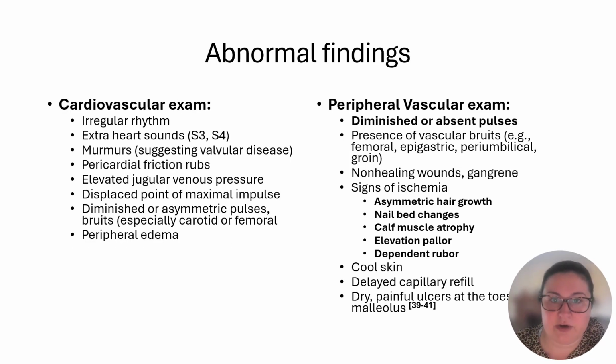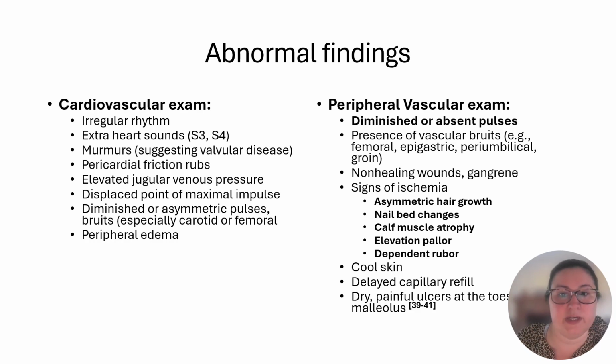Abnormal findings in your cardiovascular exam have direct clinical implications. In the cardiovascular exam, irregular rhythm, extra heart sounds like S3 or S4, murmurs, displaced point of maximal impulse, elevated jugular venous pressure, or peripheral edema may indicate heart failure, valvular disease, arrhythmias, or volume overload. Diminished or asymmetric pulses and bruits suggest atherosclerotic disease or vascular stenosis.